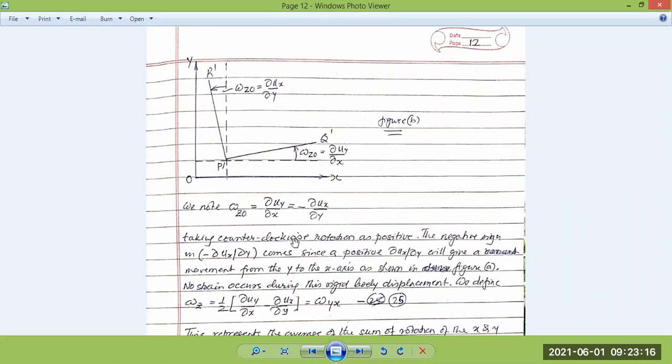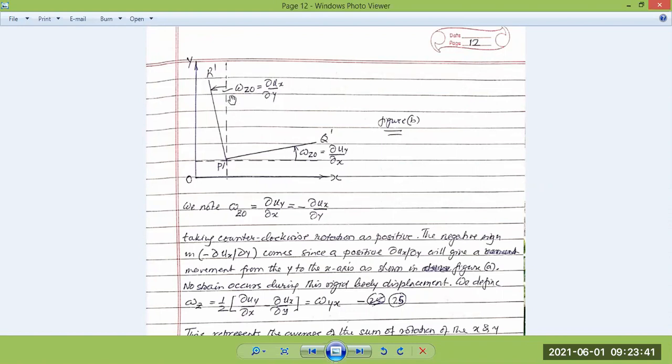So it is very clear what will happen to omega z in the same rotation, because if the initial coordinate of P was dy, which has now changed to P dash, it is equal to dy itself. So this is equal to the rate of change of uy along the x-axis, and this omega here is the rate of change of ux along the y-axis.